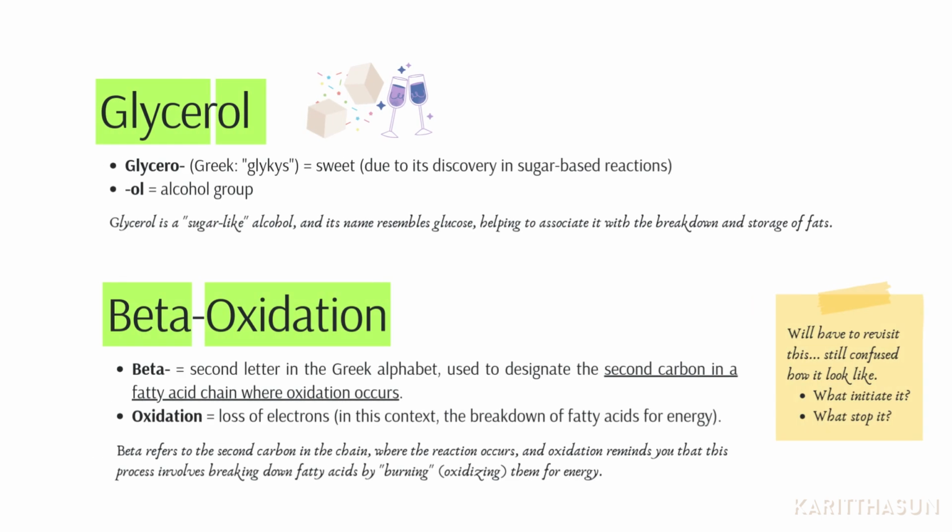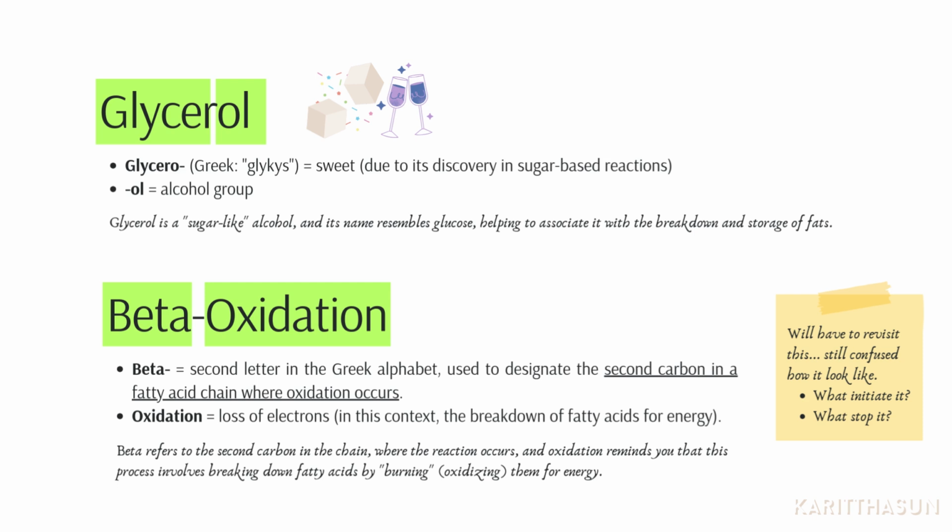As for glycerol, it comes from the root glyco, meaning sweet, due to its discovery in sugar-based reactions, and ol refers to its alcohol group. Glycerol is a sugar-like alcohol, which makes it key in fat metabolism because it resembles glucose in its structure.